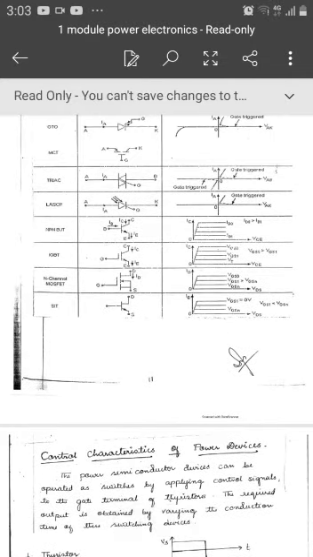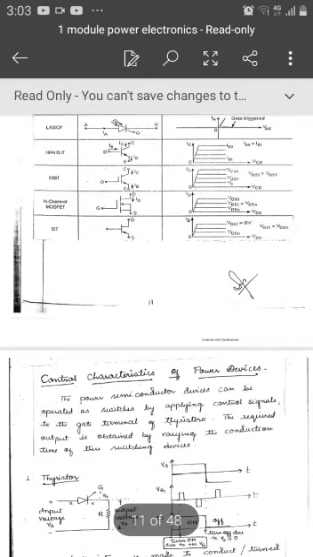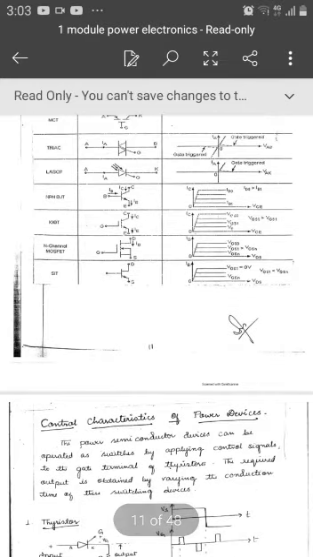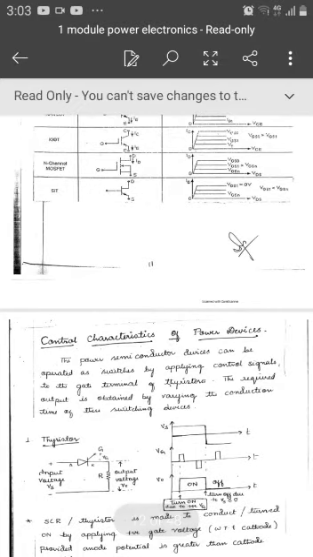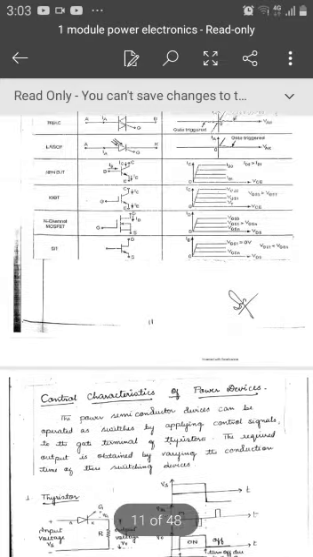It is just like the other SCRs. LASCRs provide isolation between the gate and drive circuit. Namely, LASCRs are used for HVDC, high voltage direct current transmission. Their symbol and VI characteristic are shown in the figure.